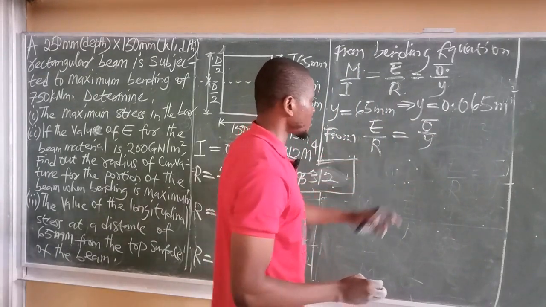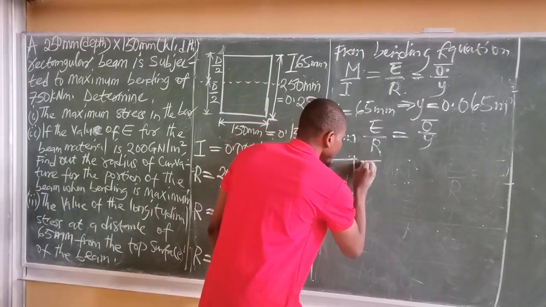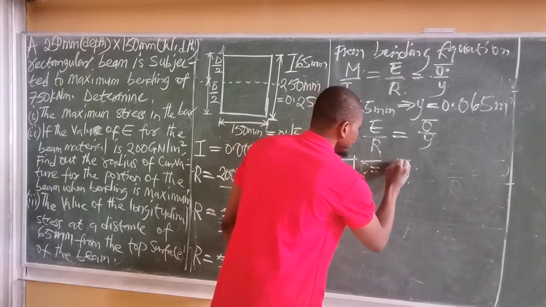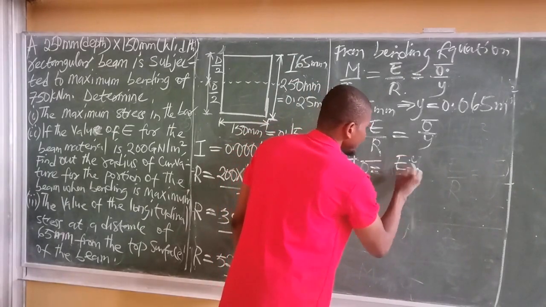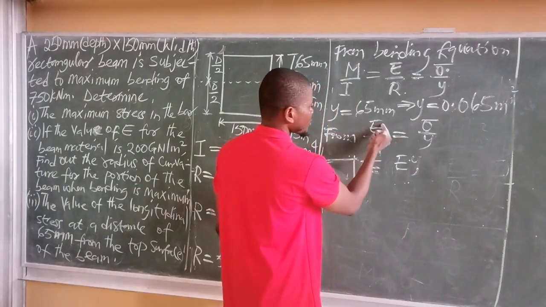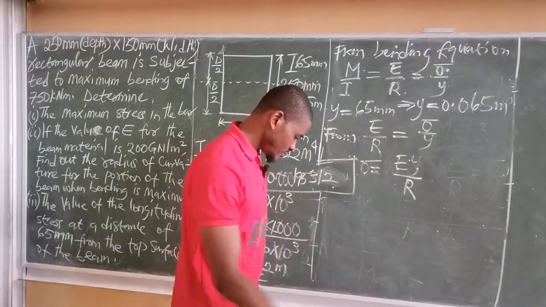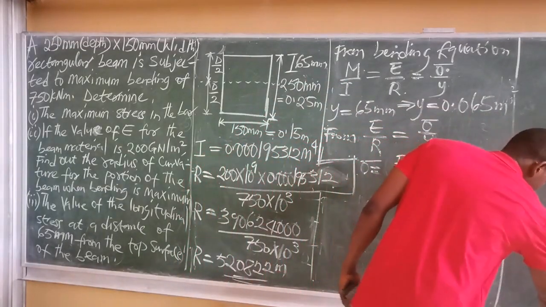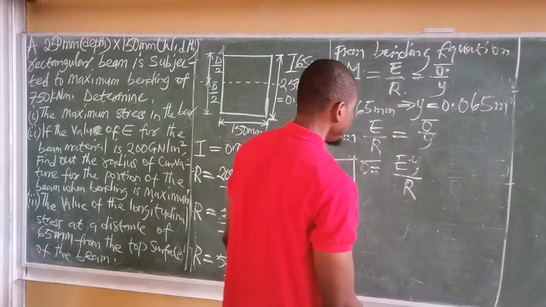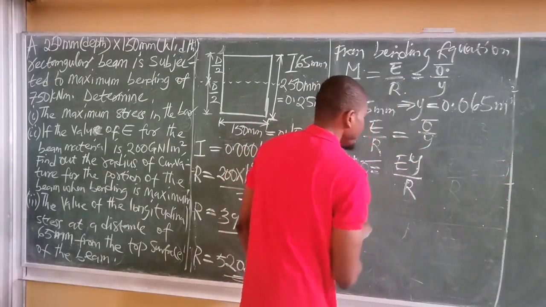If you make stress the subject, you're going to have sigma equal to E multiplied by Y over R, that's EY over R.